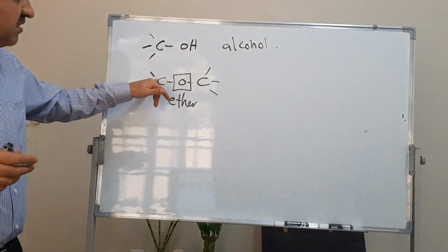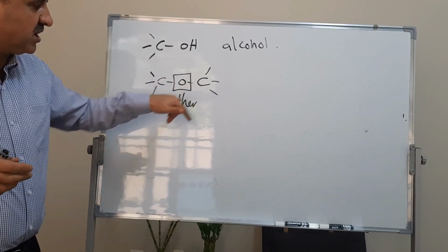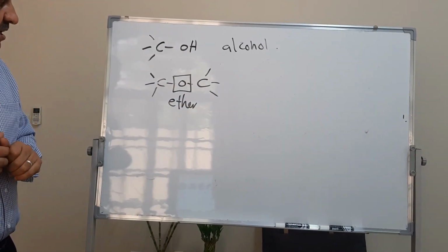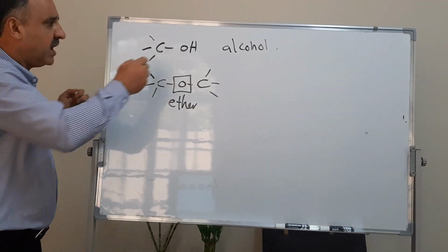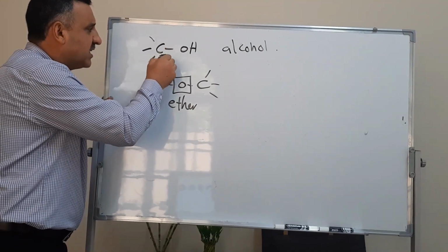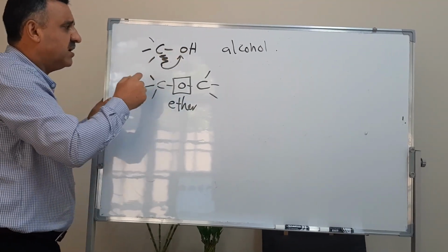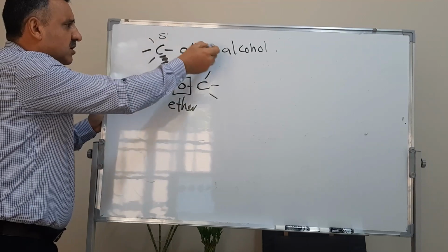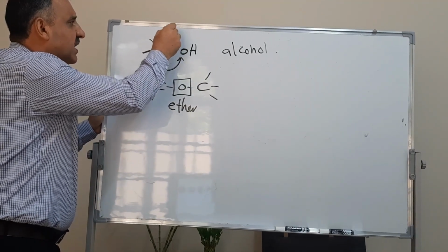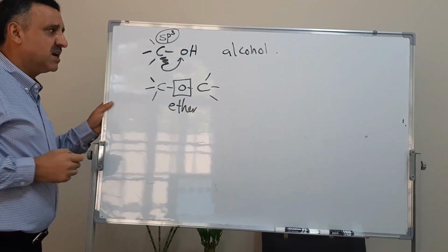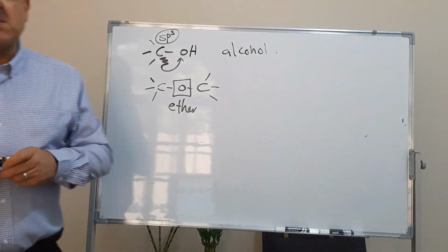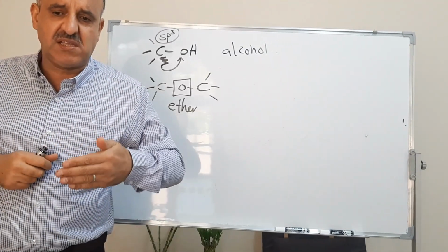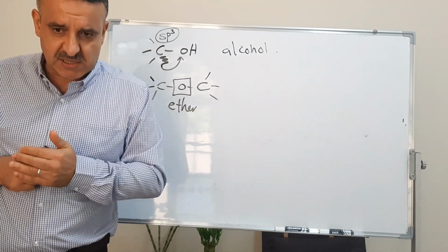So regardless of the hybridization of these 2 carbons, this will be called ether. Now, when we have carbon attached to oxygen, in order to call it alcohol, it must be an sp3 hybridized carbon. In other words, this carbon must be connected to 4 bonds.